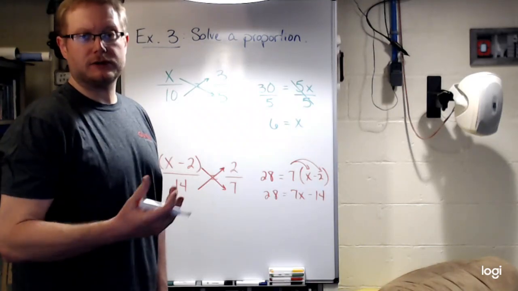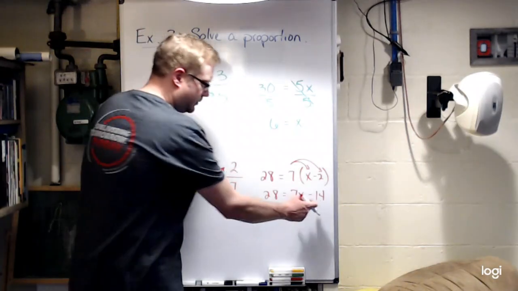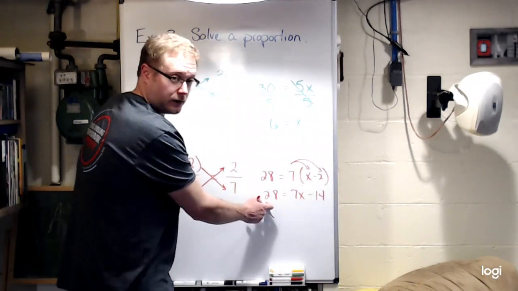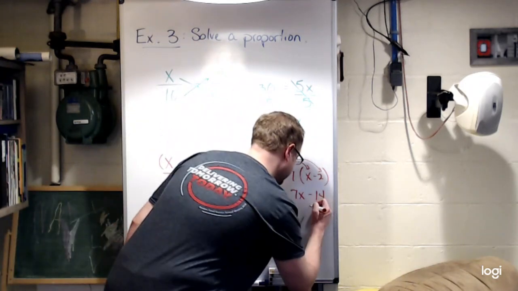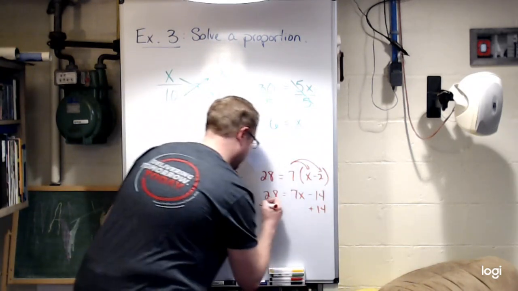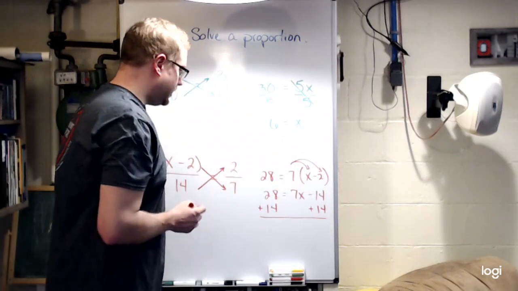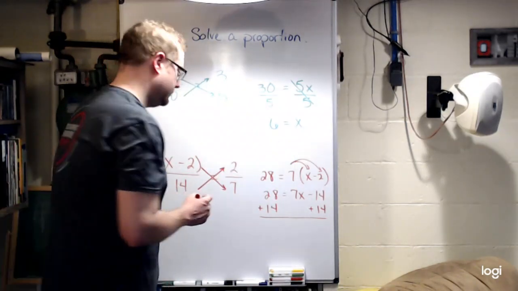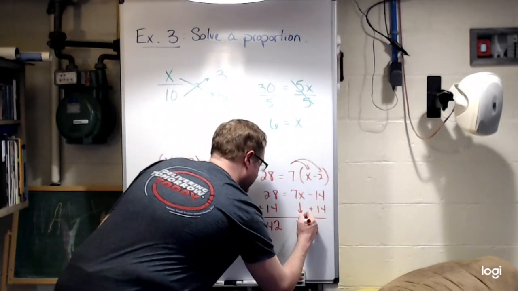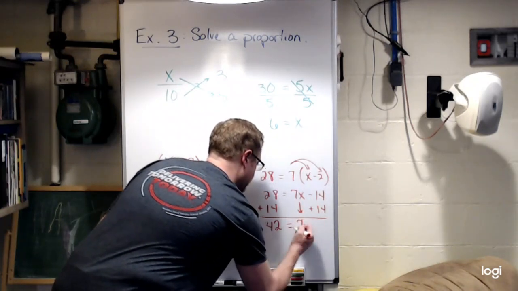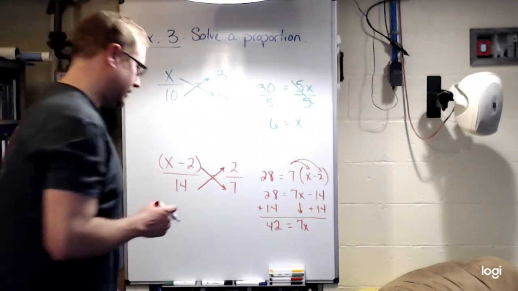We just need to solve for x. It's a minus 14. To move that minus 14 over to the left side, you're going to do the opposite, which is add it. So plus 14 to both sides. 28 and 14 gives us 42. Bring down the 7x. So we have 42 equals 7x.